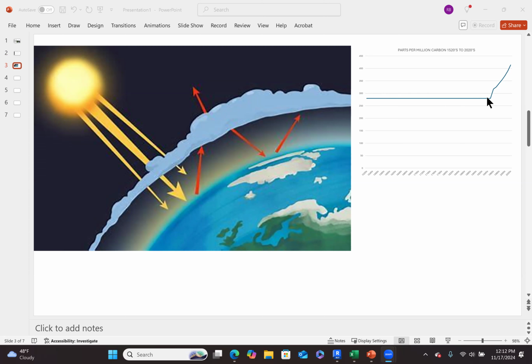And those fossil fuels were burnt and started to add more carbon into the atmosphere. So if we take a look at the illustration here, as we add more parts per million to the atmosphere, we are additionally insulating the planet so that less heat is able to escape.